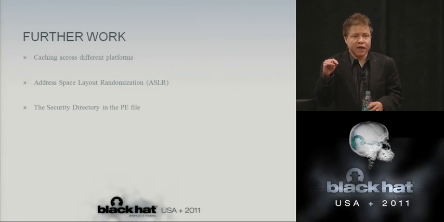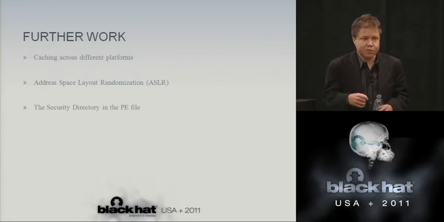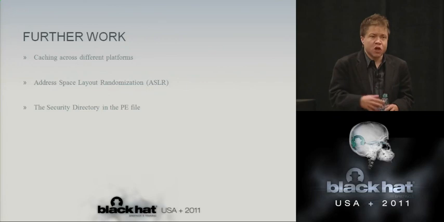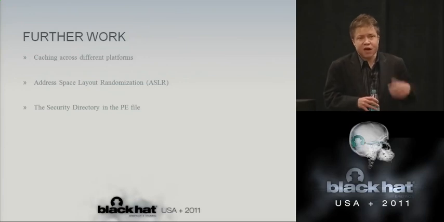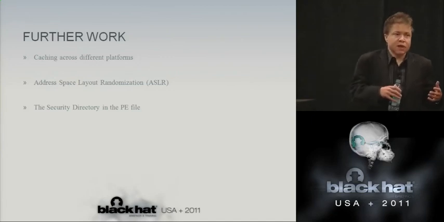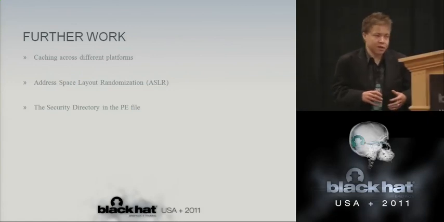Now, we can reverse that. If we run the live memory analysis, we can see what the PE says it wants to load on disk. We know where we found it in virtual RAM, so we can go through the relocation section ourselves and do the fix-ups and feed that into our hashing function, and then our hash should match again. That's what we intend to do, but I don't anticipate that coming out for the next couple of months, just because this isn't the only thing that we work on.